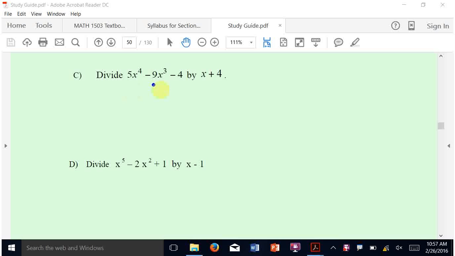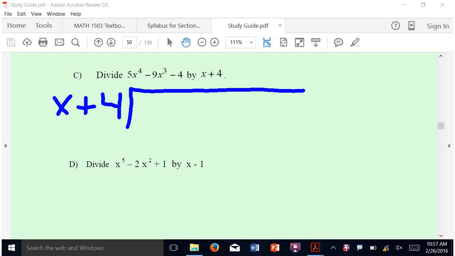Okay, so we're given this dividend with the divisor of x plus 4. So let's write that as x plus 4 divided by 5x to the 4th minus 9x cubed.